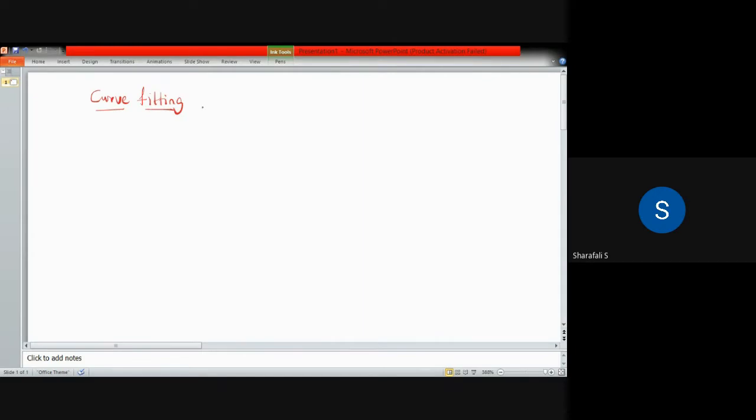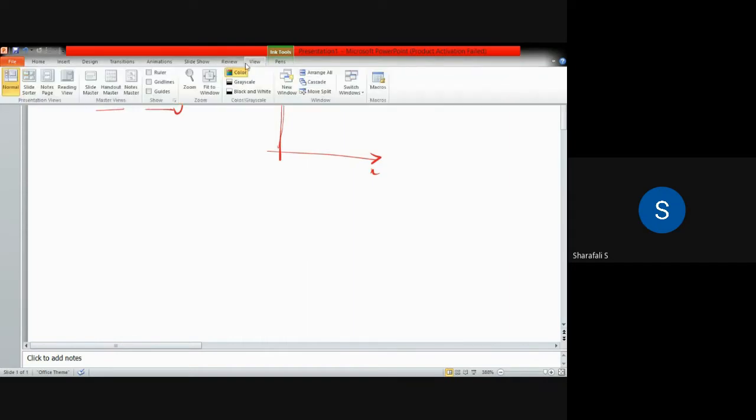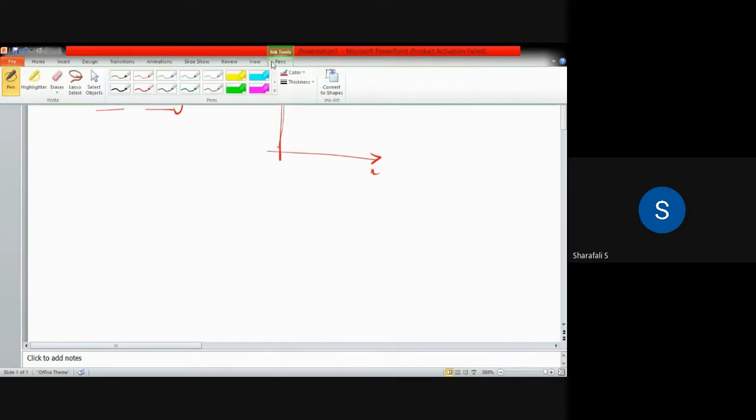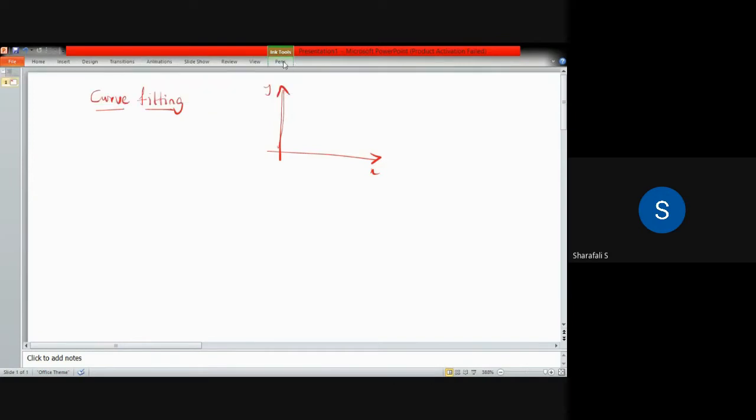Basically, curve fitting applies if you have some given data points and you plot them with the x and y axis. There are some points already given to you, and if you mark them on this xy plane, let us consider some points like this.